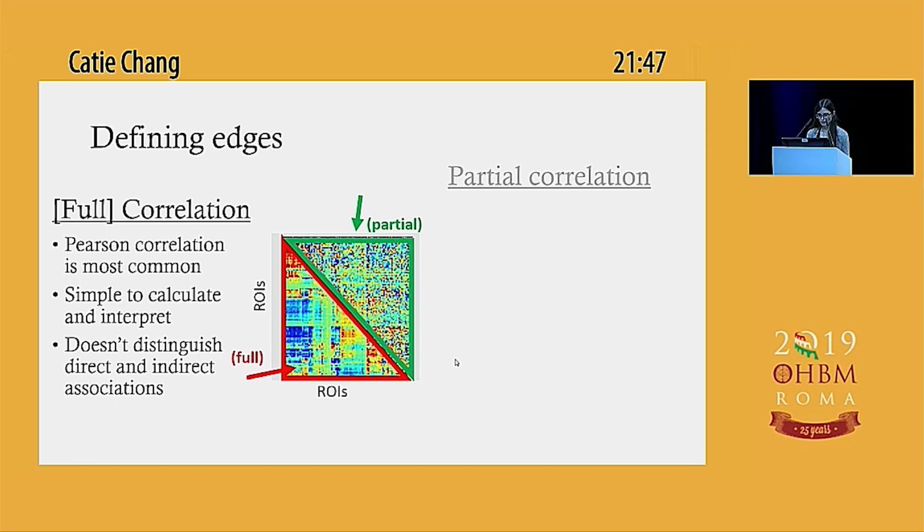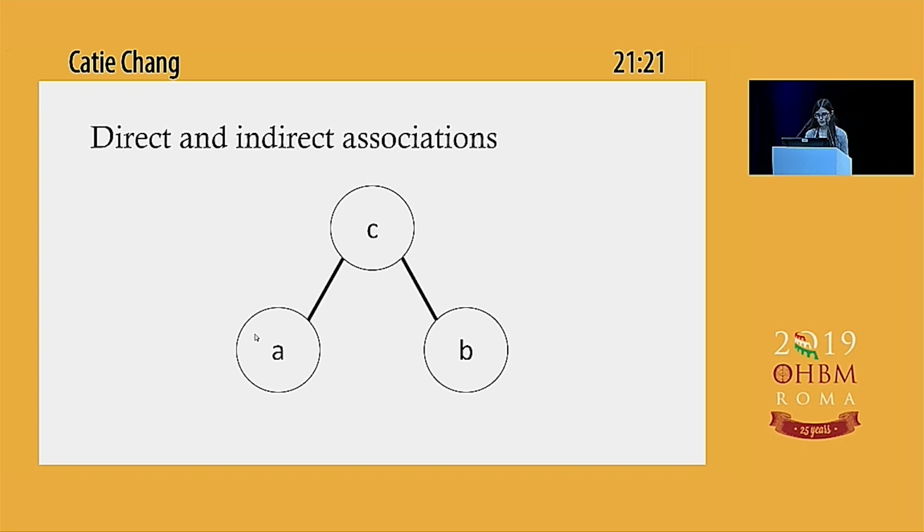We actually get the full matrix, but since it's symmetric, it's fine to show just one triangle. An advantage is that it's simple to compute, and it's straightforward to interpret, in the sense that we have a good intuition about what correlations are, and what that means in terms of our observed signals. But on the other hand, it maybe doesn't distinguish between direct and indirect associations between the nodes.